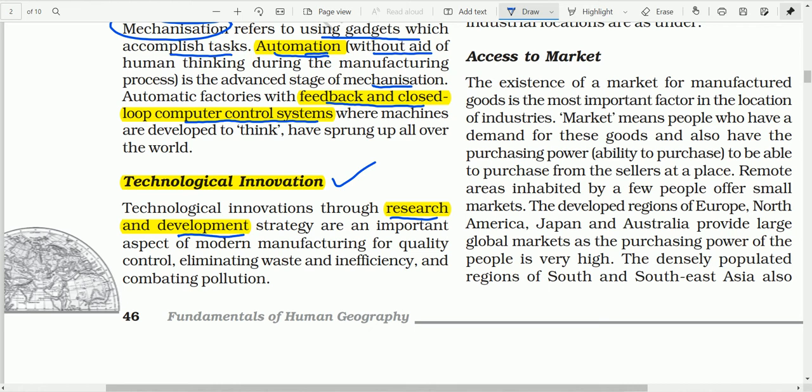These are very important in modern large scale manufacturing, to control the quality, to eliminate the waste and inefficiency of the machines and the products, and to combat pollution. So technological innovation, that is invention of new ideas and technology, is very important for modern large scale industries.